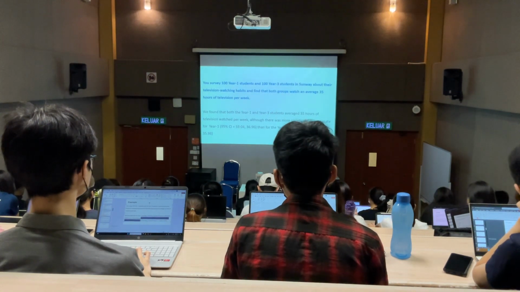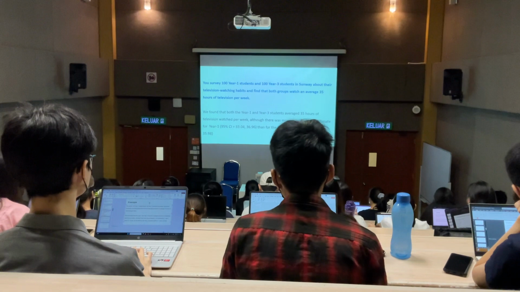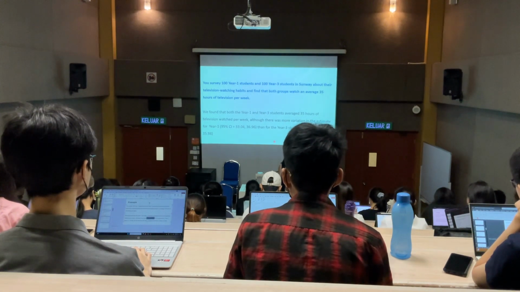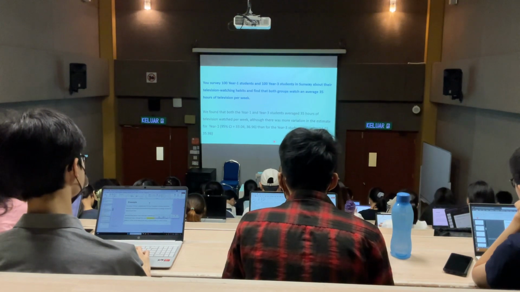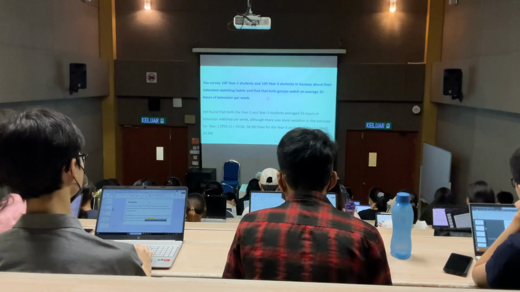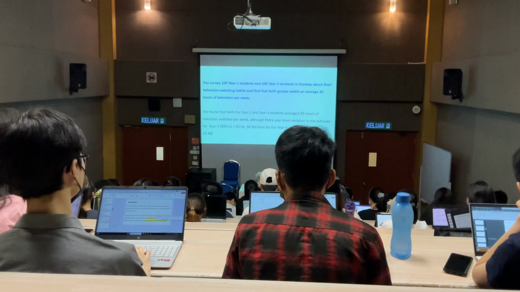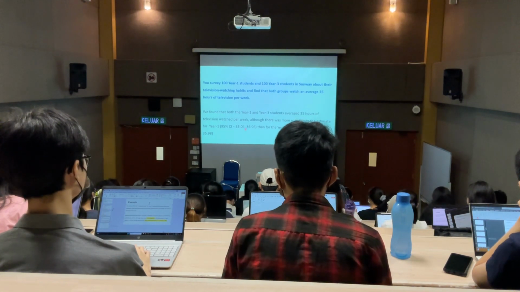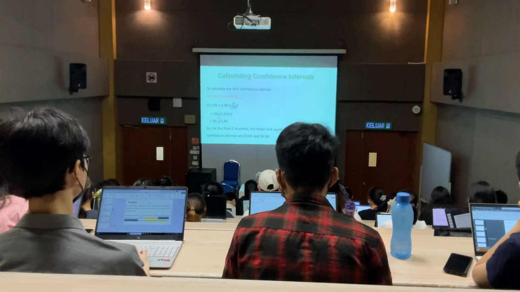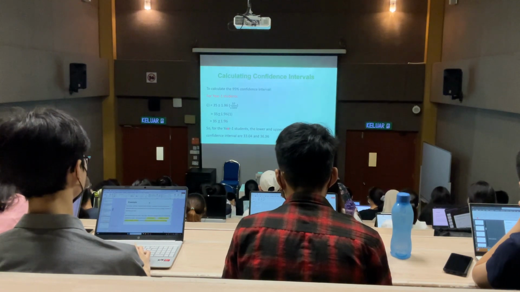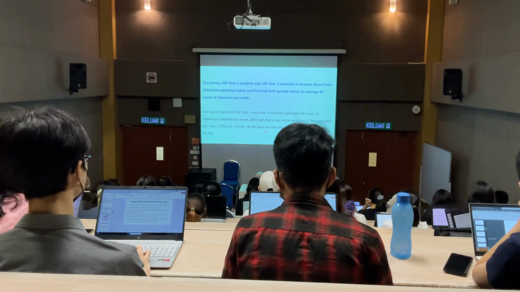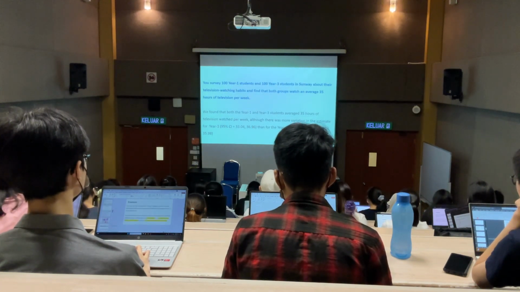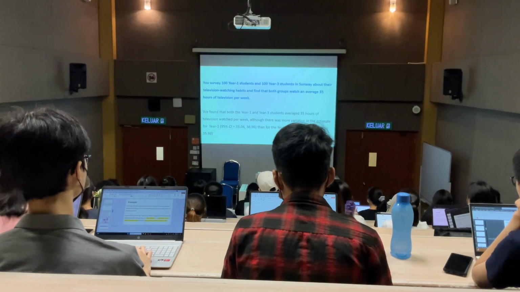Okay, you can make a conclusion saying that we found that both year 1 and year 3 students watch an average of 35 hours of television per week. Although there was more variation in the estimate for year 1, we can see that for year 1 this value is 1.96, but for year 3 it's only 0.98. So there is higher variation in year 1 than in year 3 students.